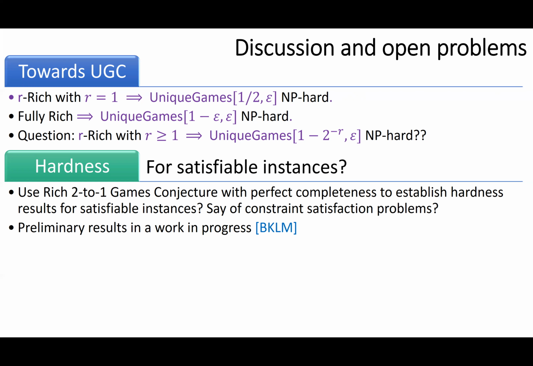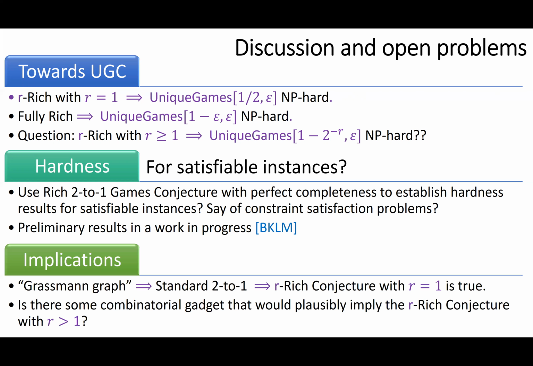In fact, currently we have a work in progress that does some preliminary steps along this direction, together with Braverman, Khot, and Lifshitz. And finally, in a maybe more abstract sense, we know that in order to prove hardness for 2-to-1 games, or for R equals 1, what you really use is the so-called Grassmann graph. This is the main object that you need to study there.